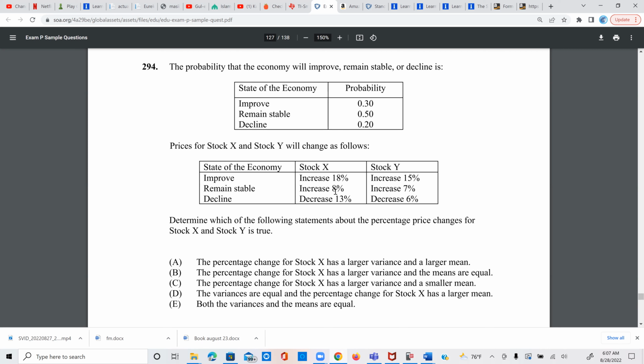And if the economy declines, then it would decrease by 13%. So decline probability is 0.2. So these are the probabilities and these are the increases.